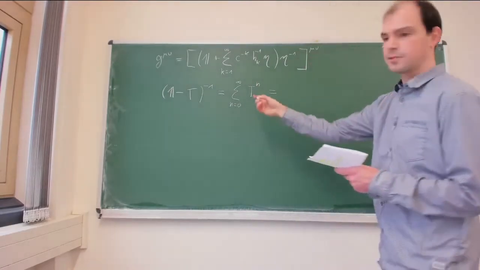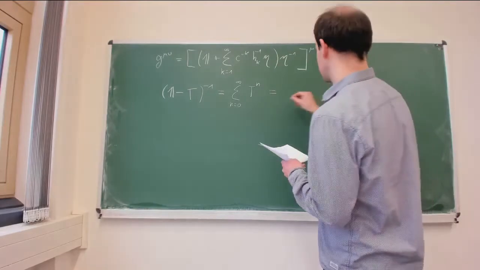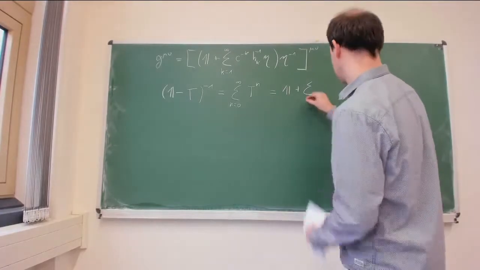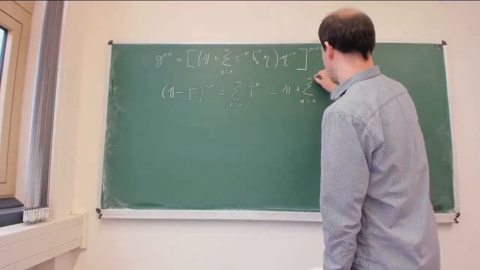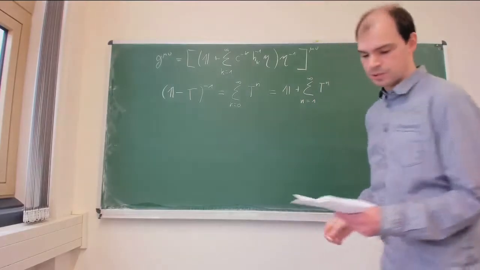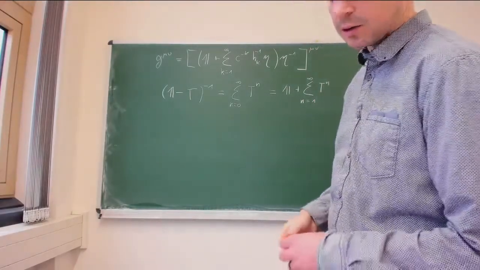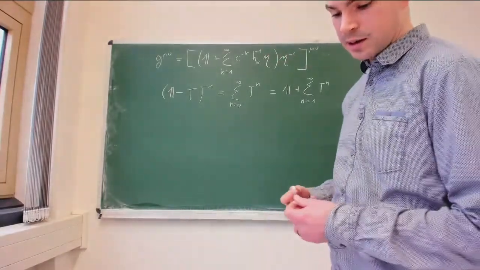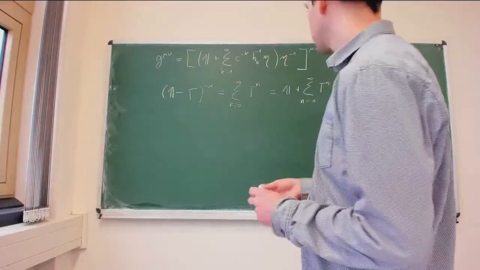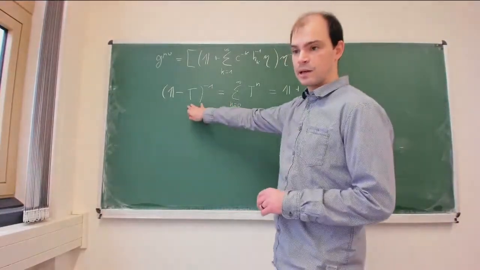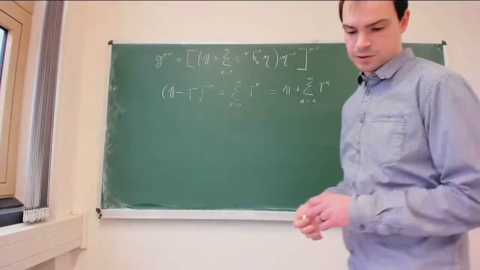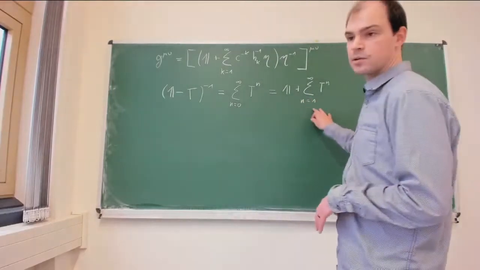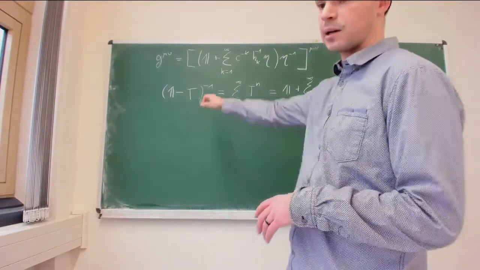Or if we take the first order term out, so t to the power 0 is the unity matrix, plus the sum n equals 1 to infinity t to the power n. So this is a general formula for bounded linear operators. So assuming that this inverse exists, then this is a converging series, and the other way around. So if the series converges, then the inverse exists, and we can calculate it this way.